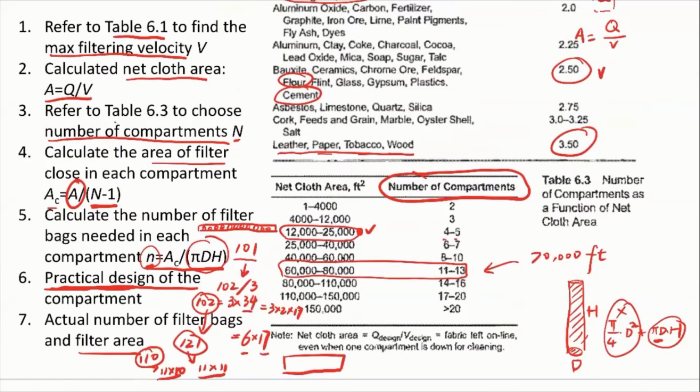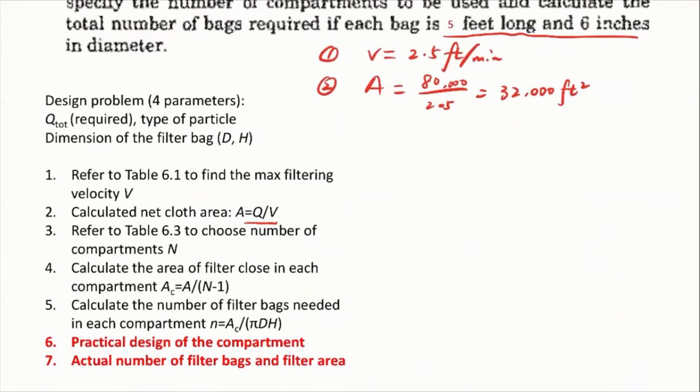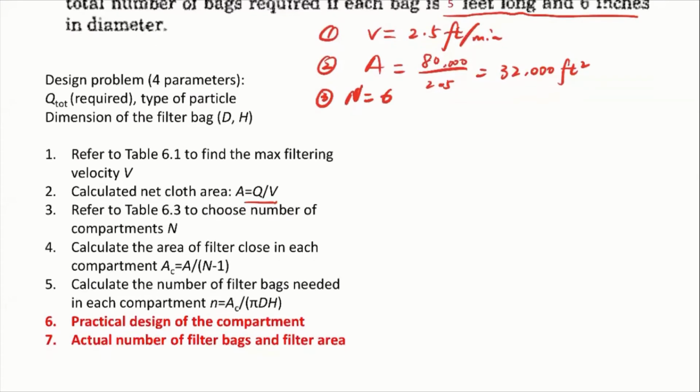So 32,000 is in between 6 and 7, right? So let's say that we choose to use an n number of 6. Okay, so 6 compartments, right? So then we can calculate the area that's required for each compartment. So that is A divided by n minus 1.